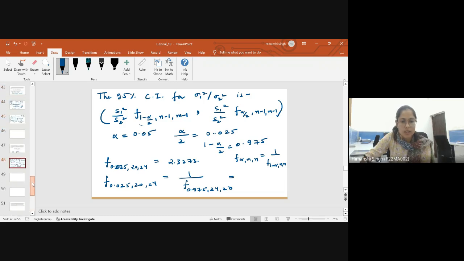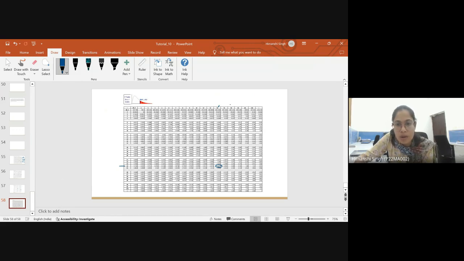I'm sorry, I need to calculate this for 0.975. The value for 0.025 I have already calculated, so for 0.975 it will be 1 minus alpha, and the 1 minus this quantity will be 0.025, and I have the table for 0.025. So 24 and 20 are getting exchanged, so we now have 24 at the numerator and 20 at the denominator.